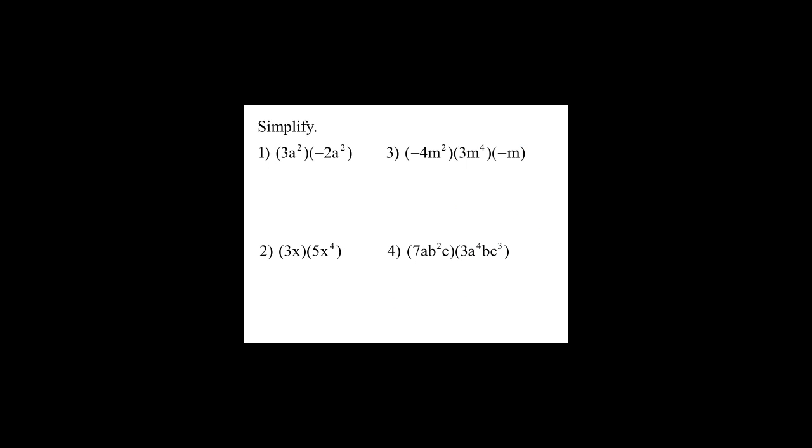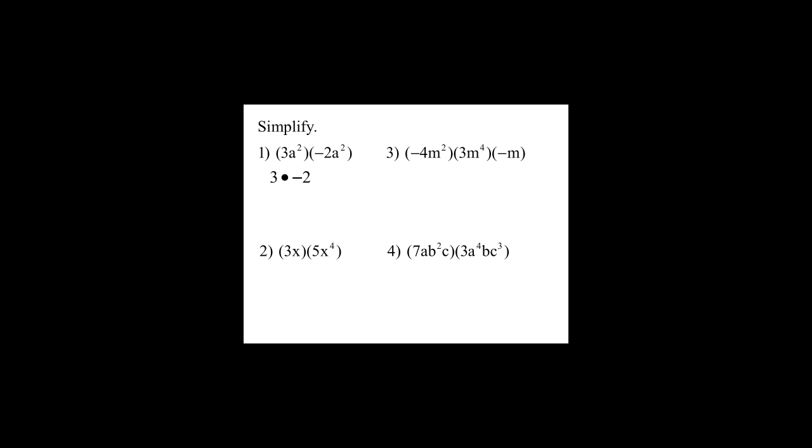All right, now we're going to go back and do some review and multiply our common bases. Remember the rule for multiplying common bases is that if they have the same base, the shortcut is to add the exponents. So we multiply coefficients and we add the exponents. So let's do number 1 together. Number 1, coefficients we'd multiply would be 3 times negative 2.